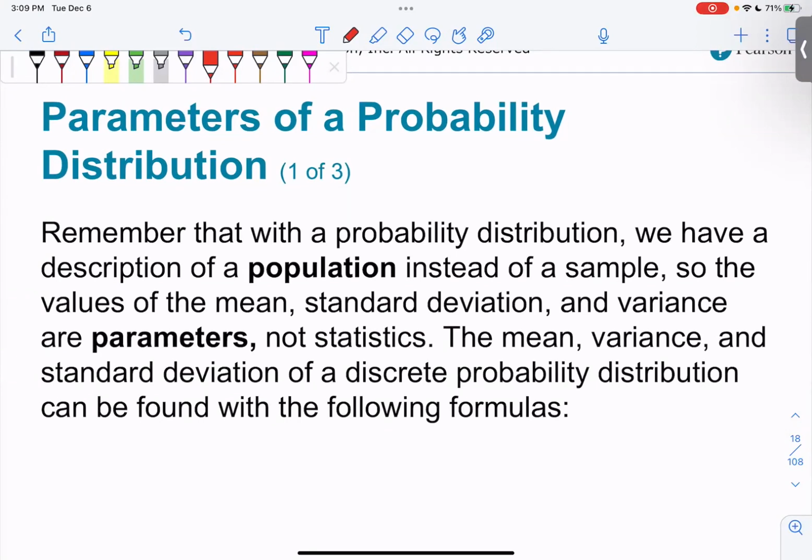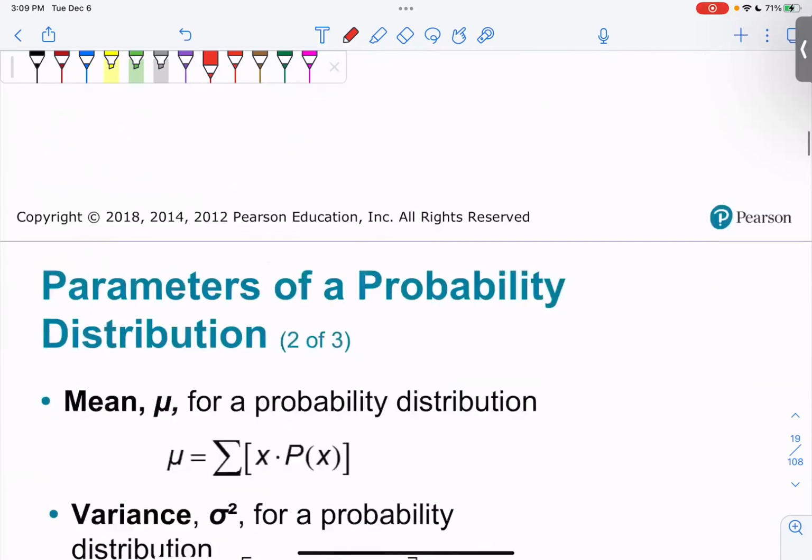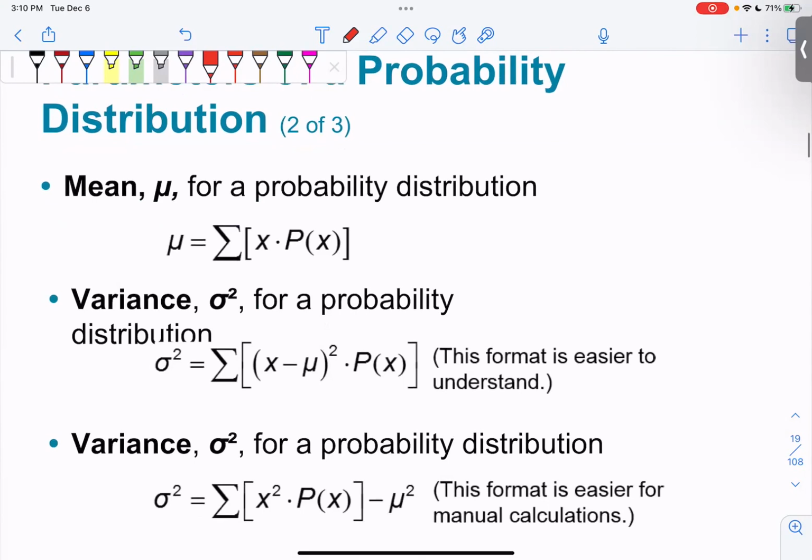Parameters of probability distributions. The first parameter we will study is the mean. We did say before that when we use a parameter, we use the Greek letters, right? So mu equals the sum of x times p of x, which is what I did over there on the whiteboard, right?